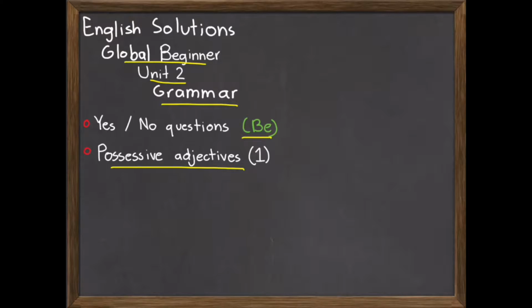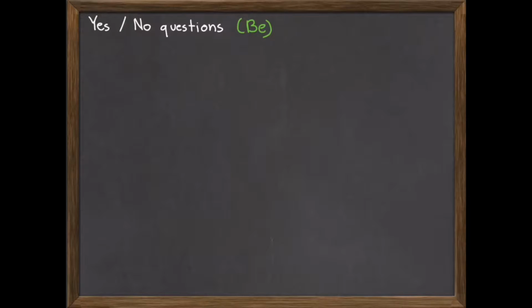So, let's begin. Before we look at yes or no questions, let's look at the verb to be. The verb to be is a very important verb in English, like in many other languages. You can form positive and negative sentences like this.